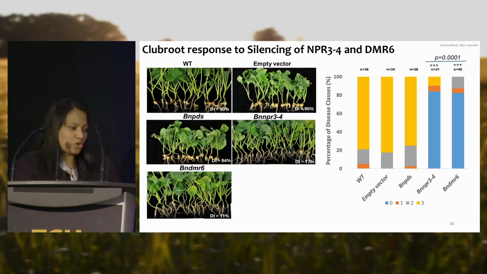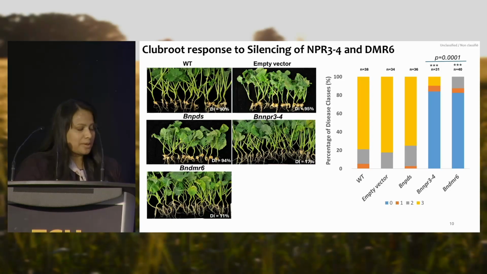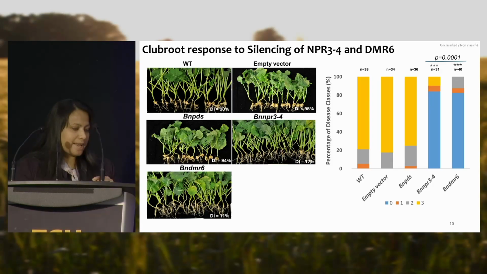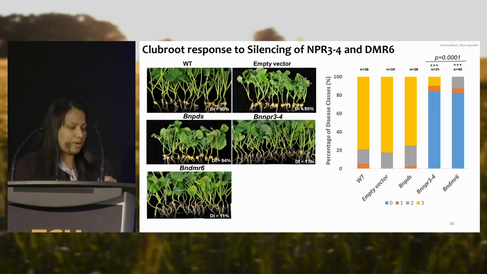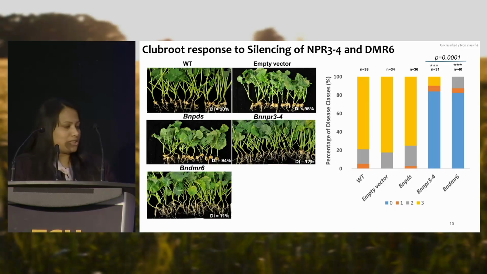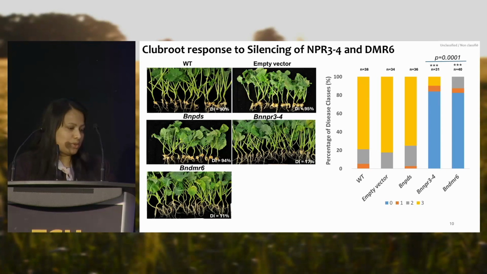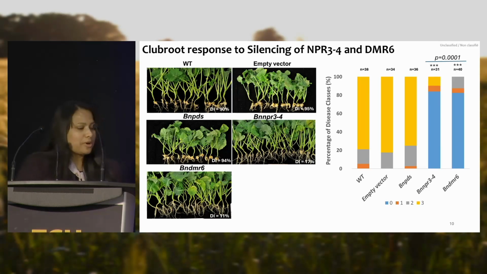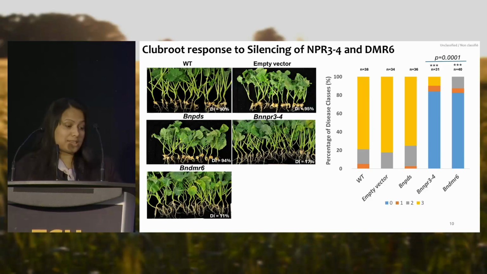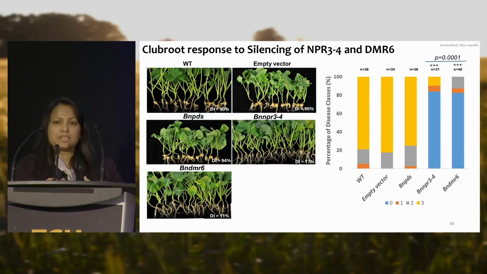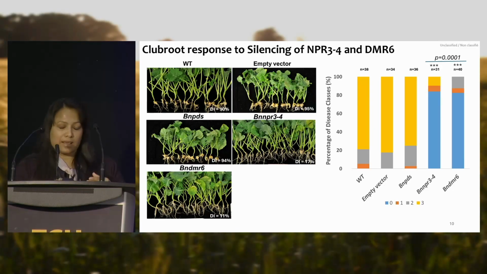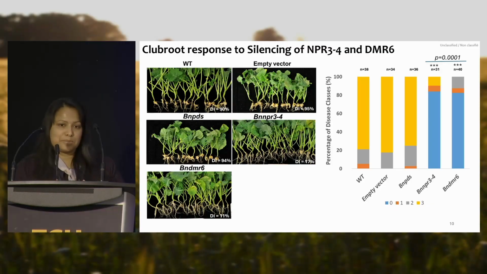Similarly, these controls were highly susceptible to clubroot, and the plants silencing NPR3/4 and DMR6 showed significant resistance against clubroot. This is really interesting. So this result suggests that NPR3/4 and DMR6 can act as susceptibility genes.